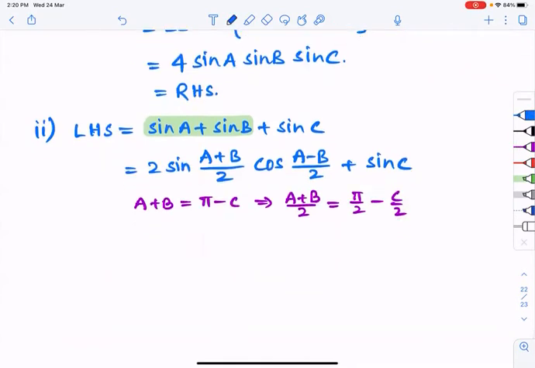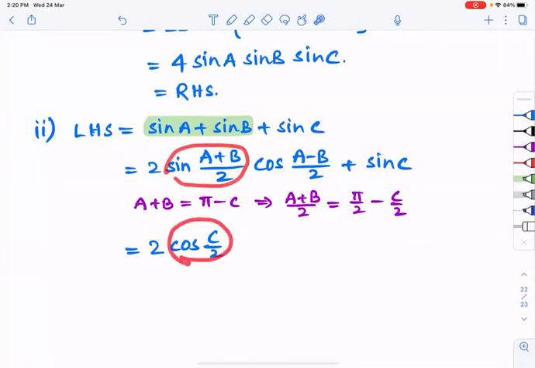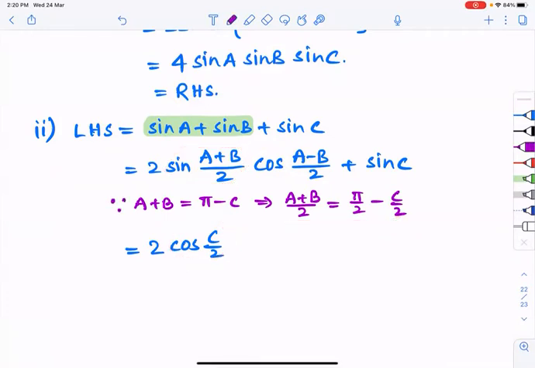Therefore, our first term will become 2 cos of C/2. This sin((A plus B)/2) became cos of C/2 because of this relation. So, I hope it is clear why it became cos. Because pi/2 is 90 degrees and pi/2 minus C/2 is in the first quadrant.